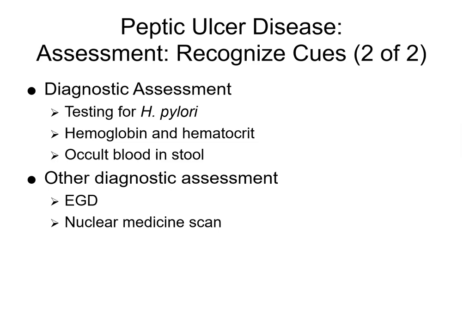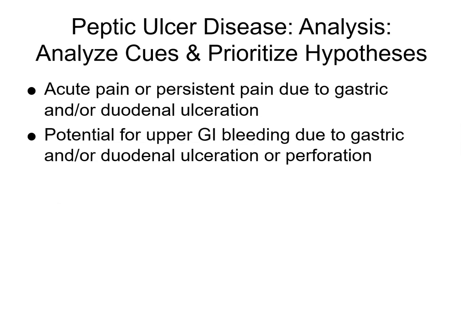I want you to turn to page 1097, and you're going to see the meds. They will use a combination of H2 antagonists and proton pump inhibitors. What's the difference between the 2 of those? What's the difference?